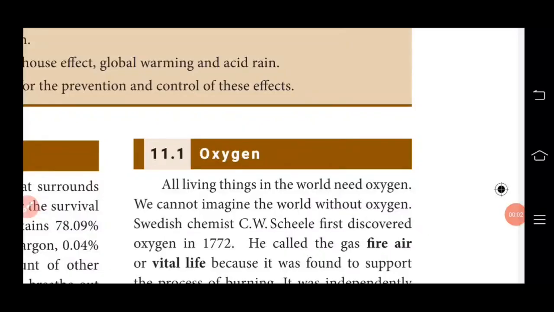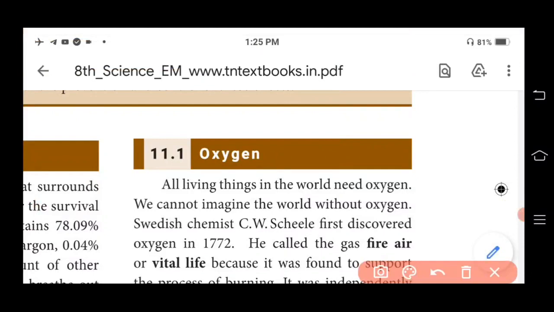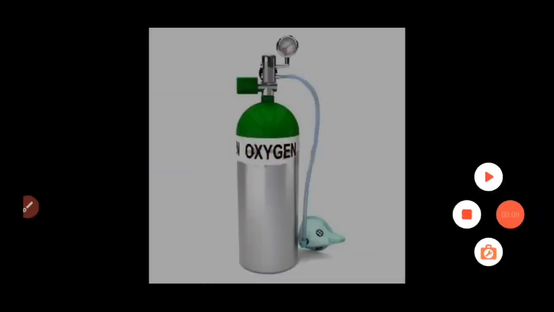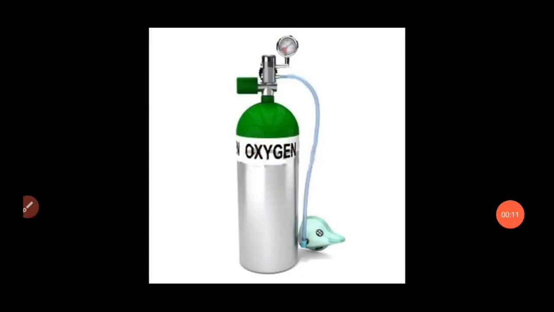Our first topic is oxygen, 11.1. Students, you know that all living things in the world need oxygen. We can't imagine our life without oxygen. Swedish chemist C.W. Scheele first discovered oxygen in the year 1772.